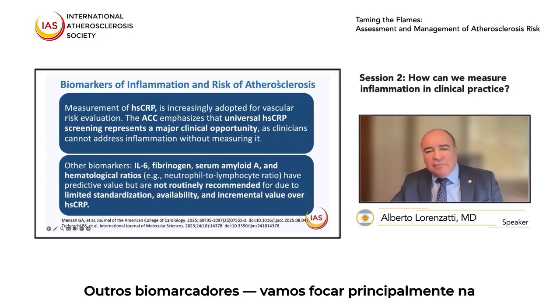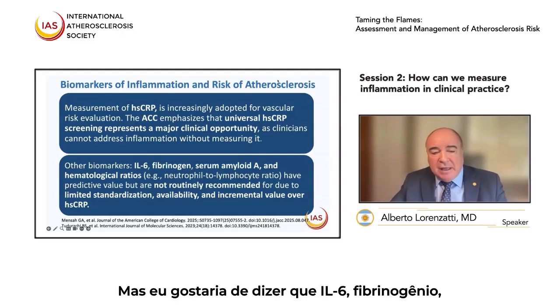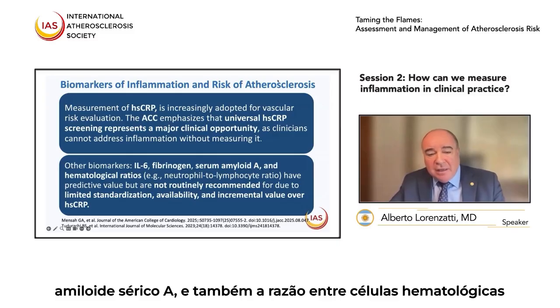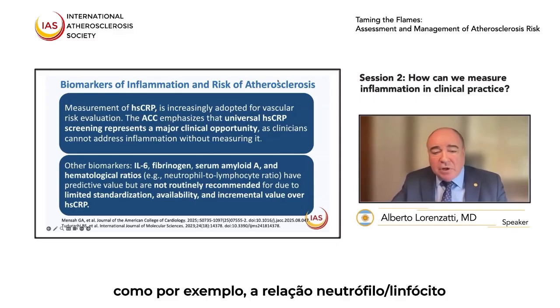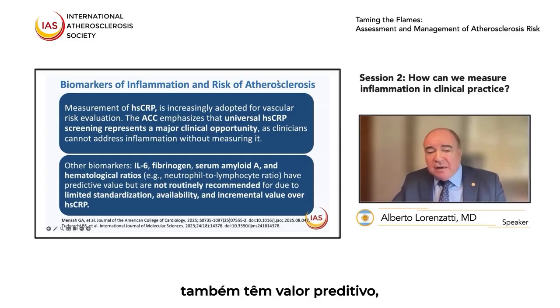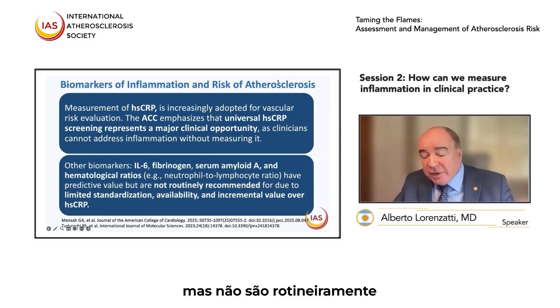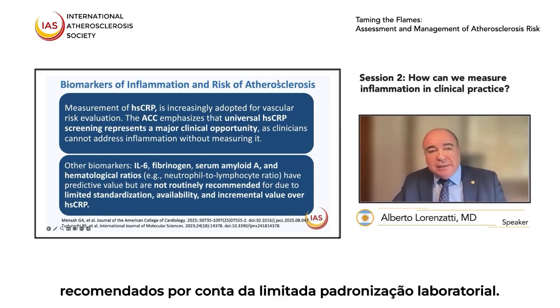Other biomarkers, we will focus mainly on C-reactive protein, but I would like to say that IL-6, fibrinogen, serum amyloid A, and also hematological ratios, for example the neutrophil to lymphocyte ratio, have predictive value as well, but are not routinely recommended because standardization is limited.